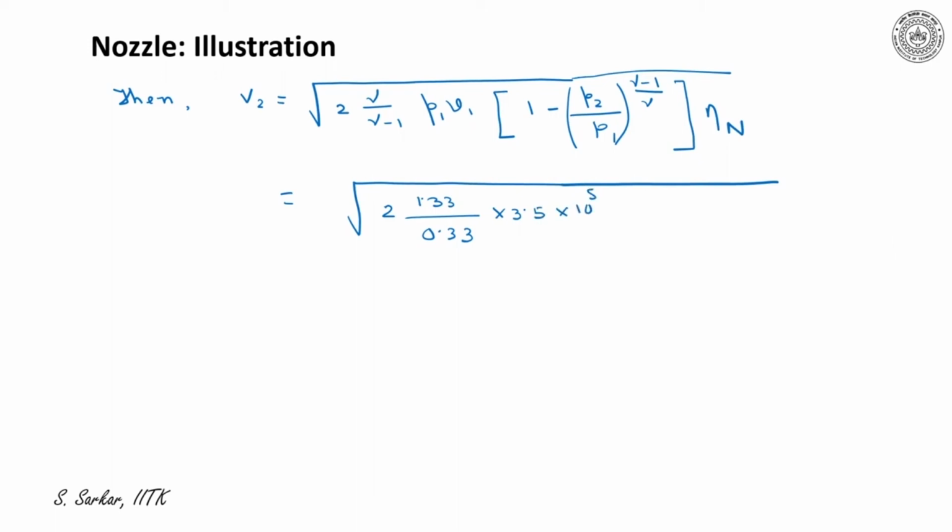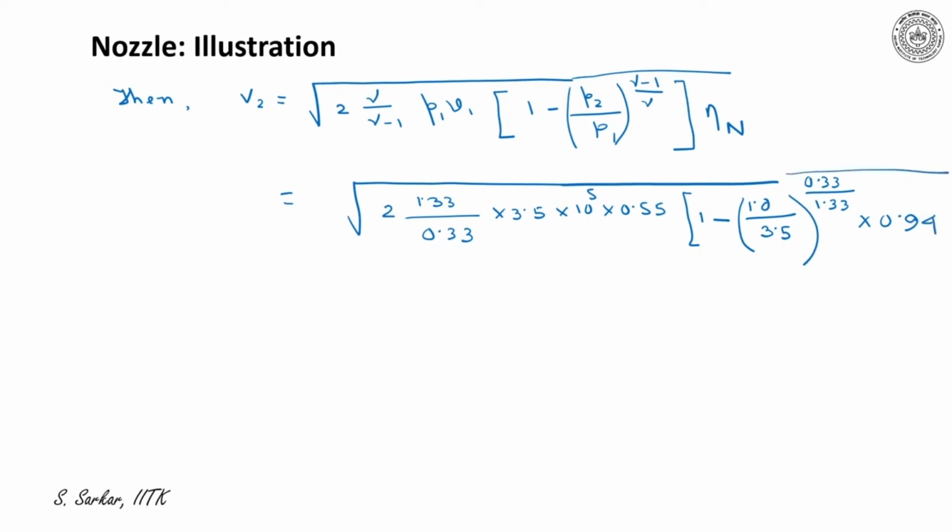What is the value of the bracket term, 1 minus (P2 is 1 bar, 1.0 divided by 3.5) to the power 0.33 divided by 1.33, into nozzle efficiency, which is 0.94.